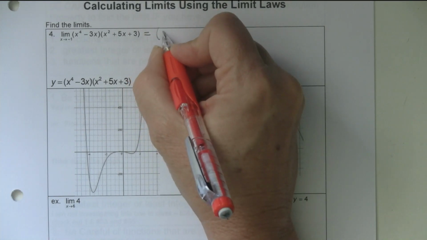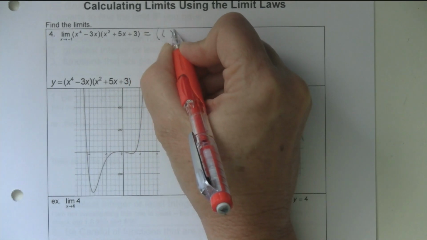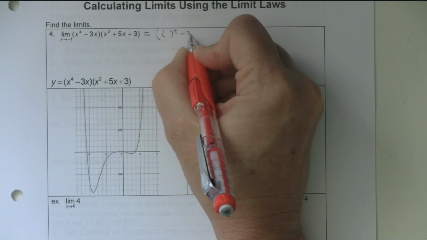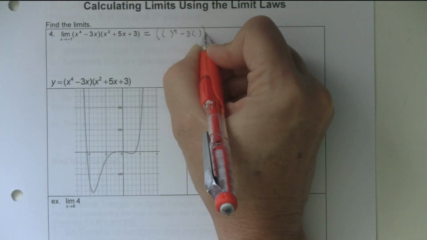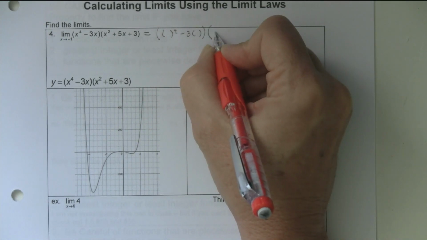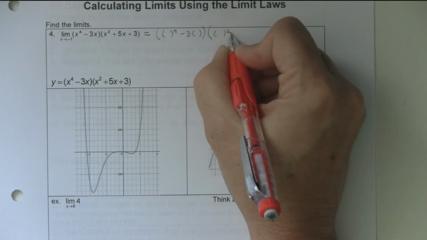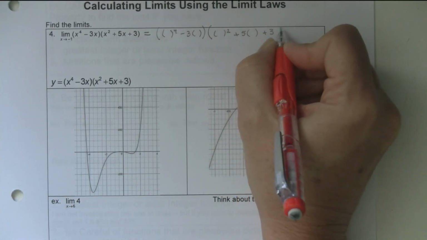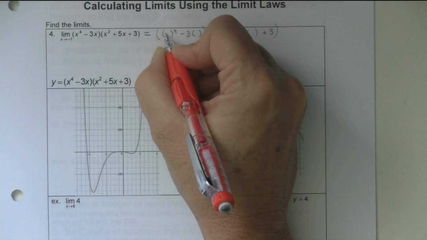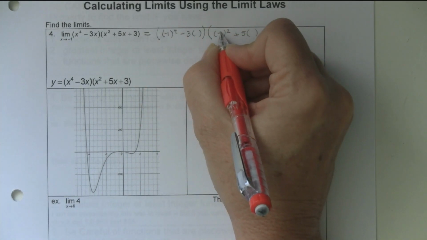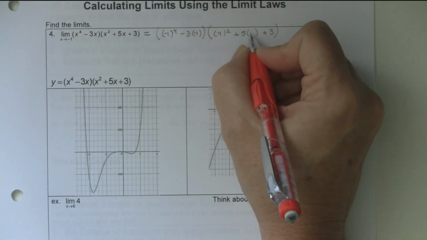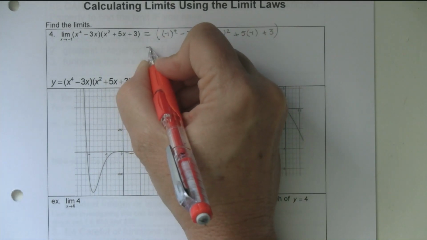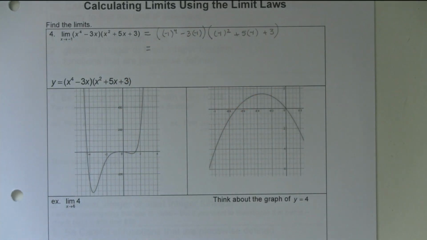So this would be equal to -1 raised to the 4th minus 3 times -1, all times -1 raised to the 2nd plus 5 times -1 plus 3. And so I'm going to put -1 in all these places, right? And I'm going to just grab a calculator and do the math and see how that goes.